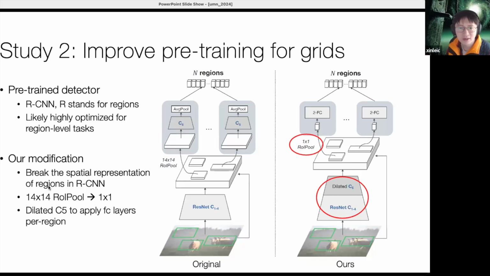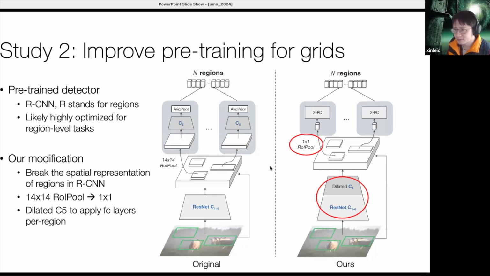Let's just break some of the region level design. And the specific thing we changed was to remove the spatial representation of regions in R-CNN. And we do that by applying one by one pooling instead of 14 by 14 spatial pooling when we compute the region level features.